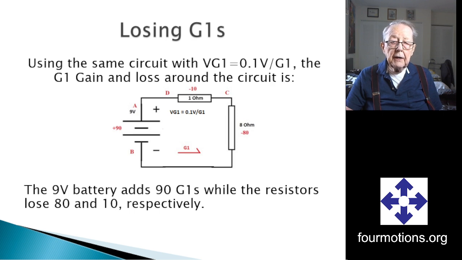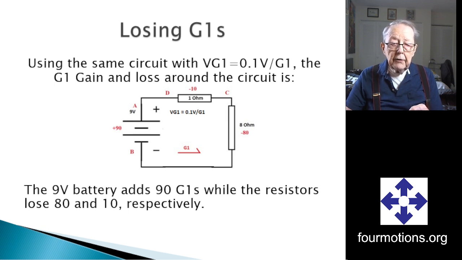And the gain and loss around a circuit could be, and these are nominal values that match the components, a 9-volt battery emits 90 G1s in a unit of time, and the 8 ohms loses 80 in that same unit of time, and the 1 ohm loses 10 in that same unit of time.